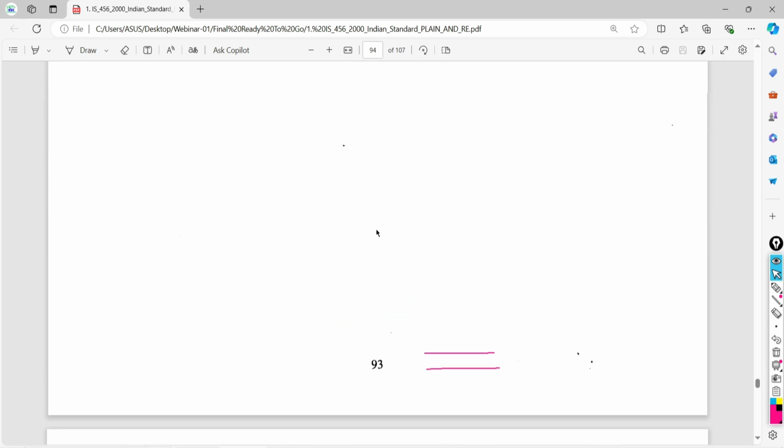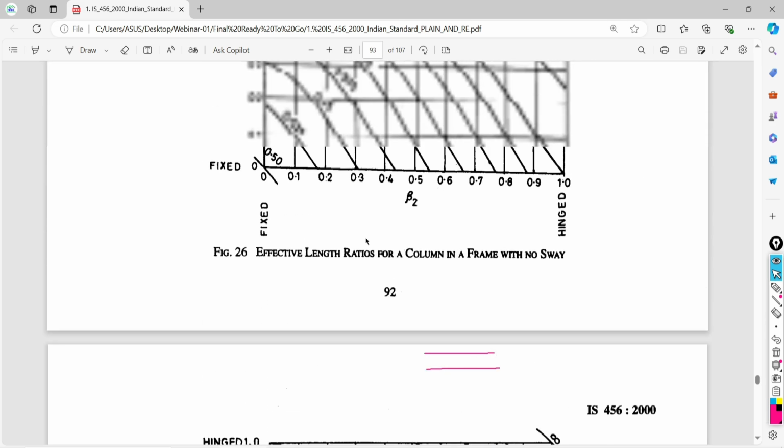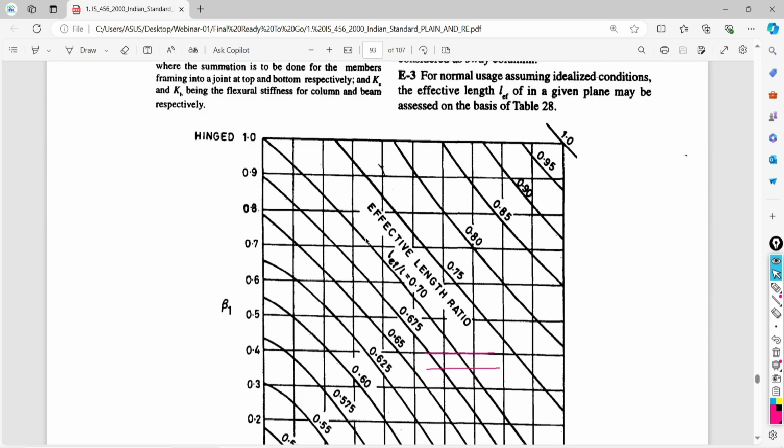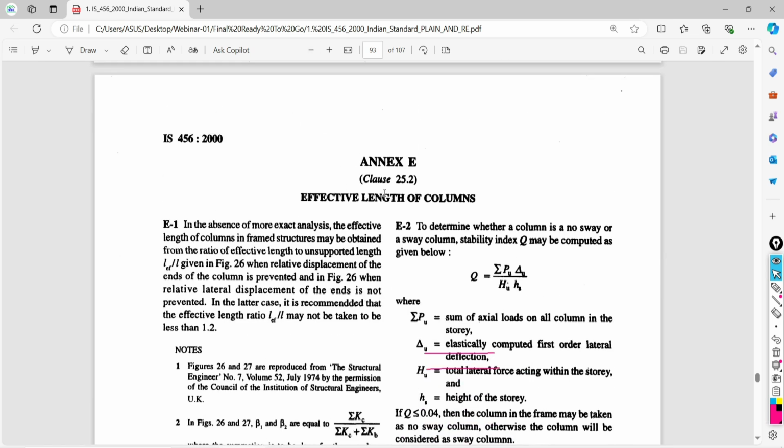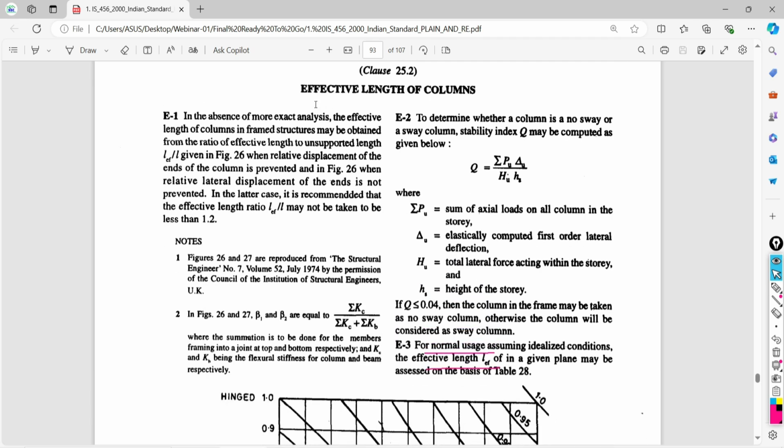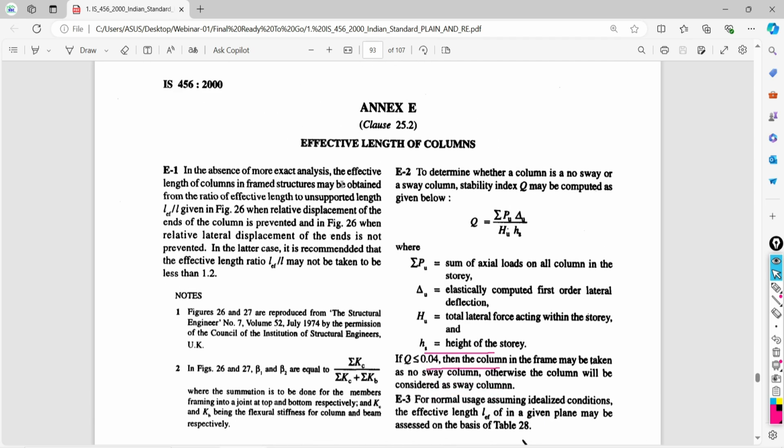Now my dear friend, if you are going to do the calculation for your specific problem, IS 456 Annexure E, clause 25.2 has recommended following this approach for finding the effective length of your column.